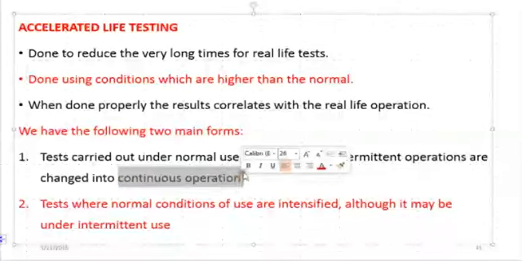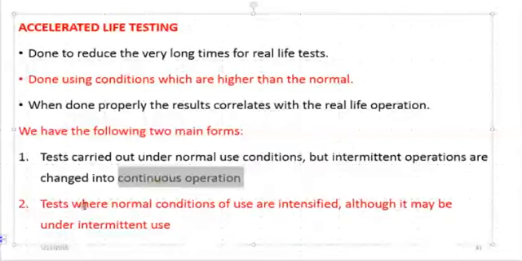Make sure it continues to operate without any stop. If it passes that test within a given time, you can say, okay, even if it is extended to that very long time under normal conditions, it will pass. So in this one, we have normal supplies, normal environmental conditions, but the intermittent operations are changed into what? Continuous operation.